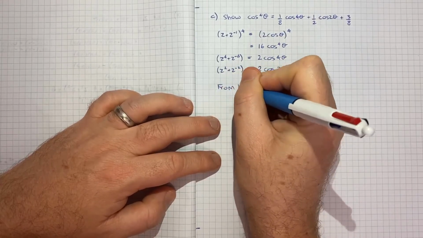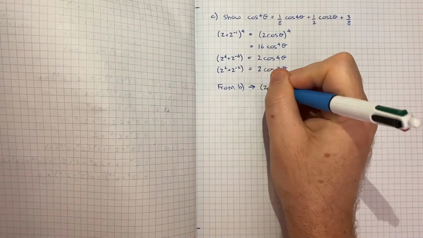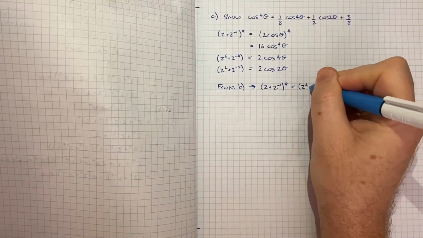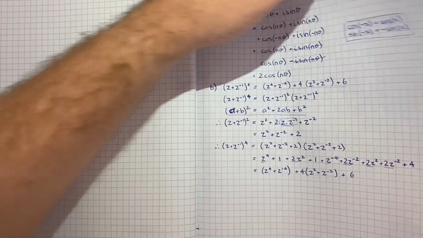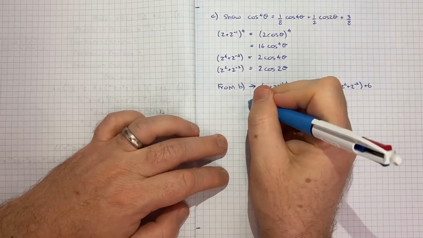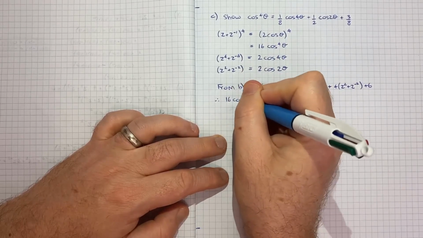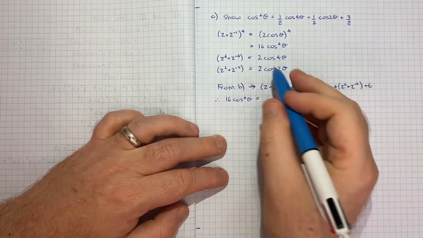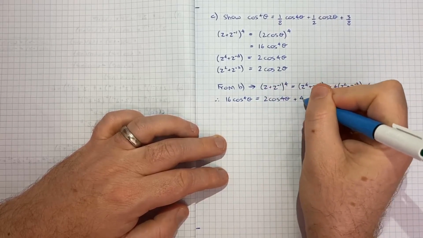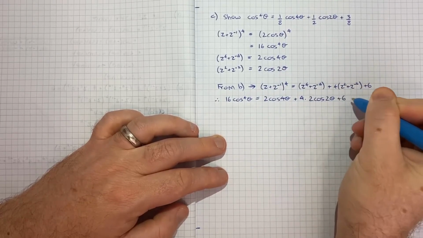So from B, what we showed was z plus z to the negative 1 to the 4 is equal to z to the 4 plus z to the negative 4 plus 4 of z squared plus z to the negative 2, plus 6. Therefore, 16 cos to the 4 theta is equal to 2 cos 4 theta plus 4 times 2 cos 2 theta plus 6.